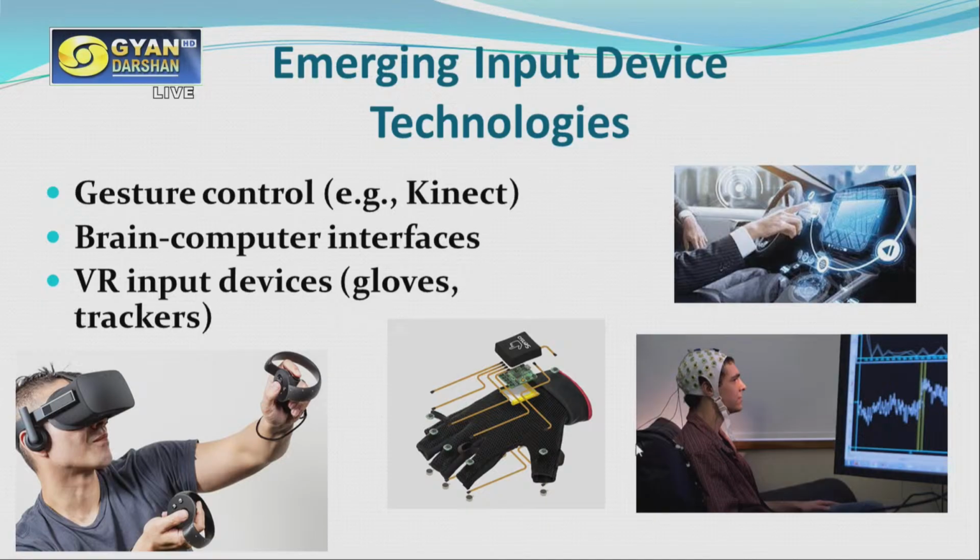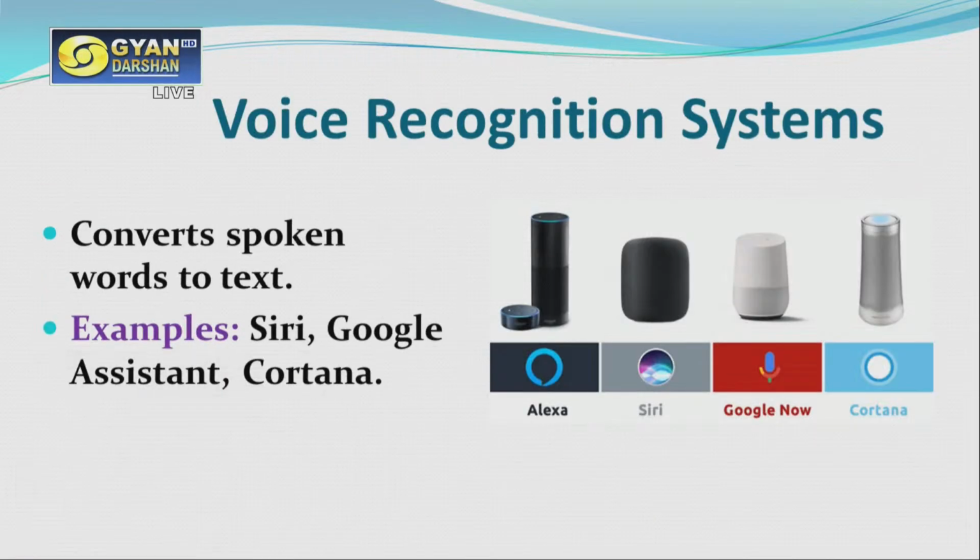You can see these are called trackers that the person is wearing, just like bangles. And this is the glove that I am talking about, wherein depending upon the movement of the fingers and other things, you can visualize the happenings in the VR application.